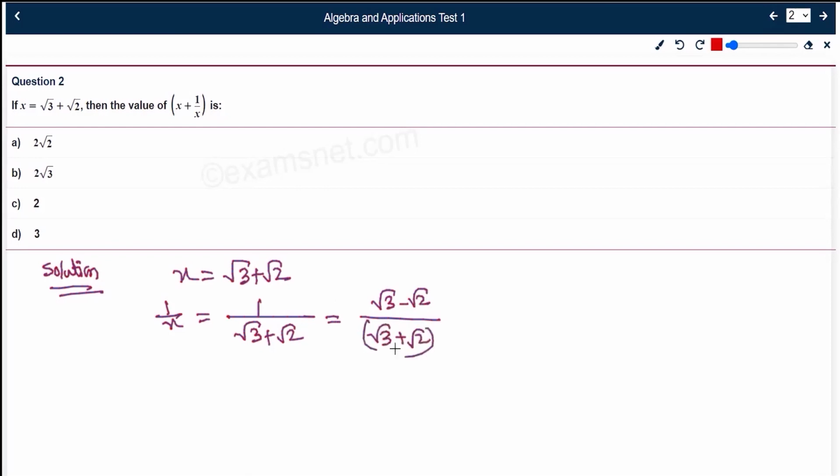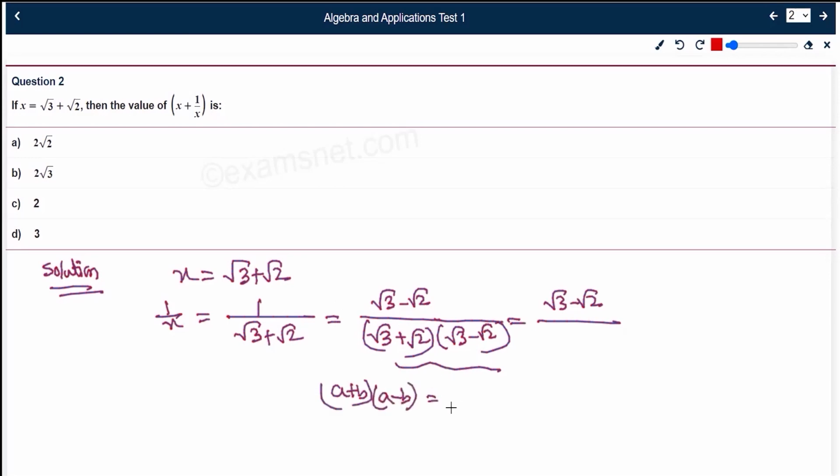So √3 plus √2 times √3 minus √2. So it becomes √3 minus √2 by, look here, it's in the form of a plus b multiplied by a minus b, and from the algebraic formula we know the value of this is a square minus b square. We are going to use that here, √3 whole square minus √2 whole square.